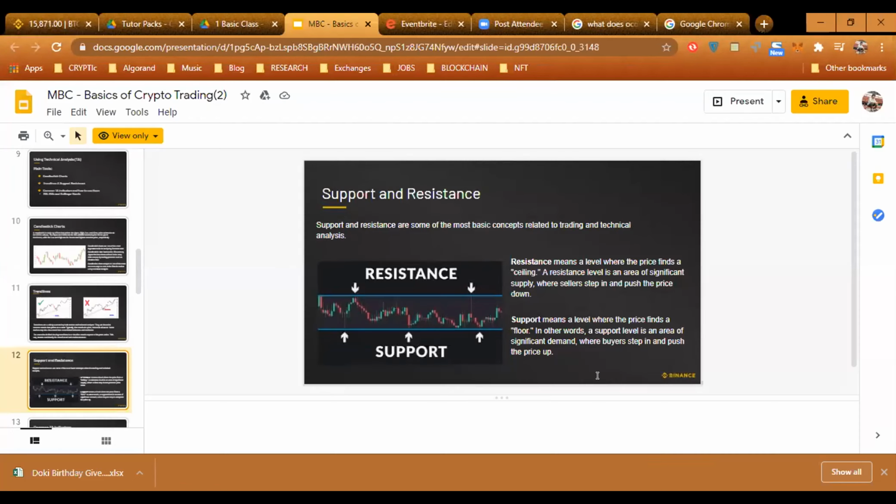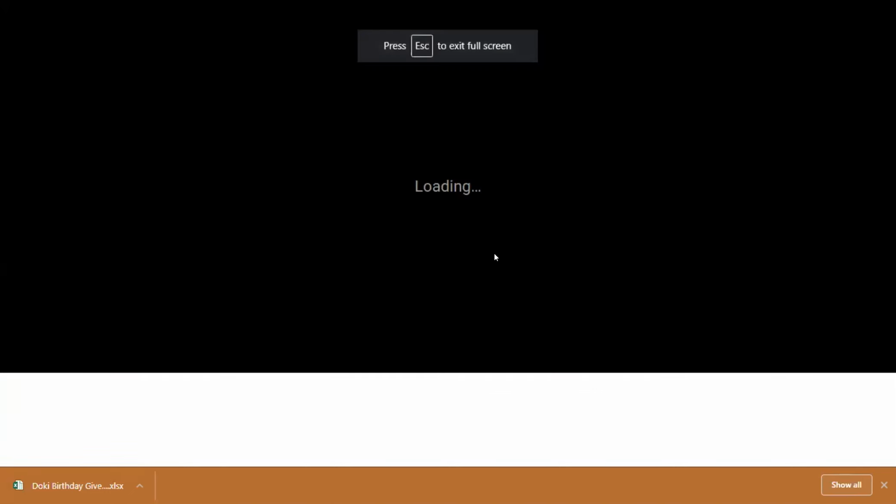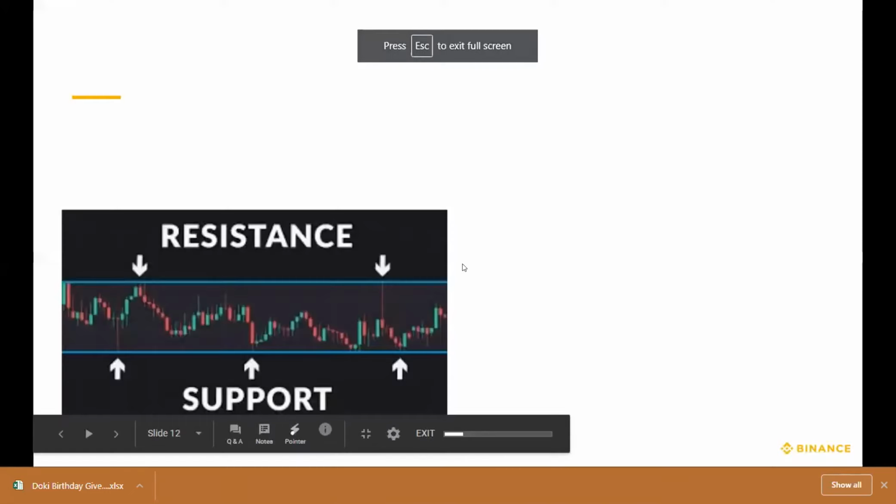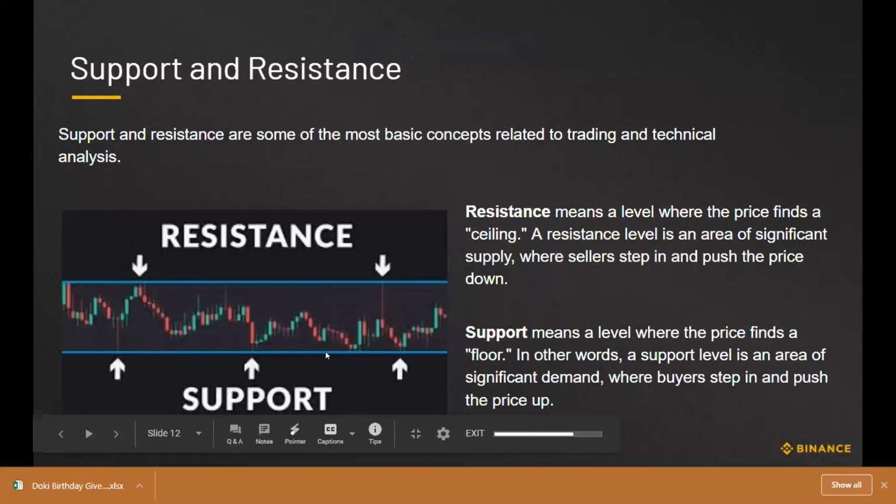So this is for drawing trend lines. Now the next thing we're going to do is look at support and resistance. Support and resistance are basic concepts of trading.